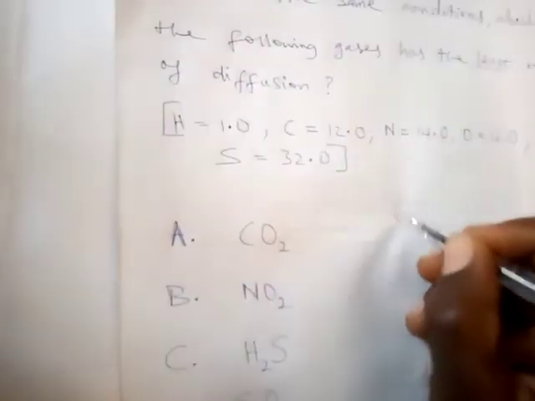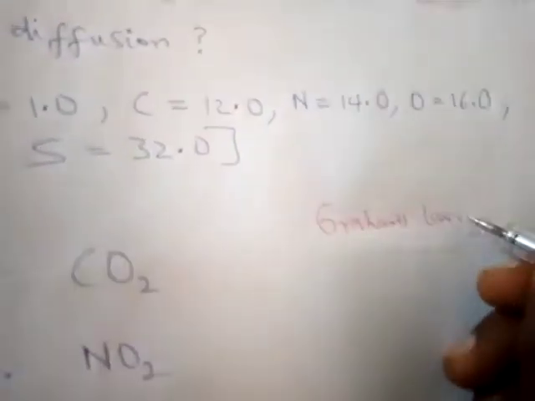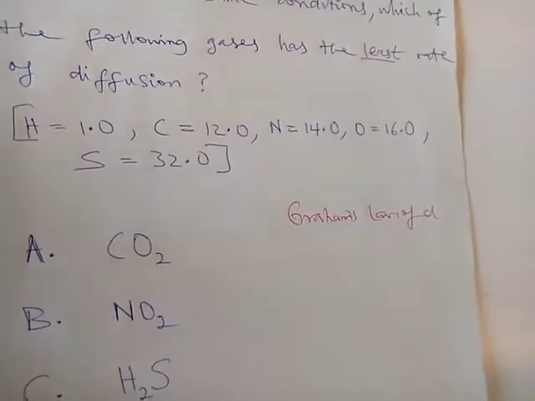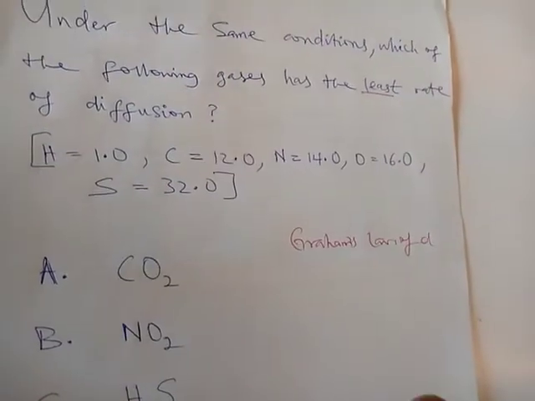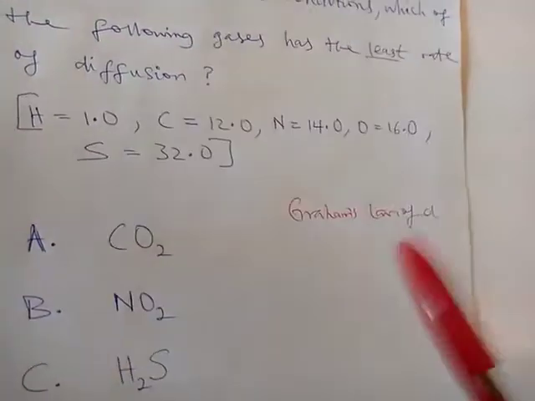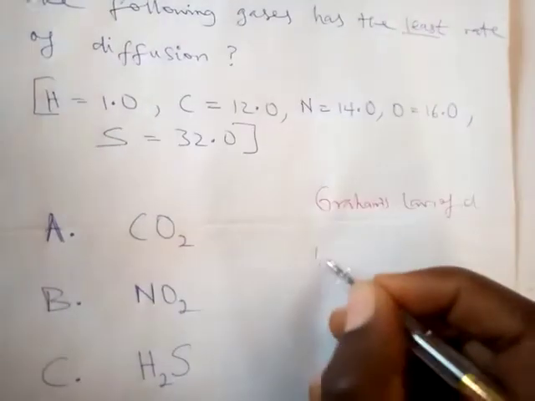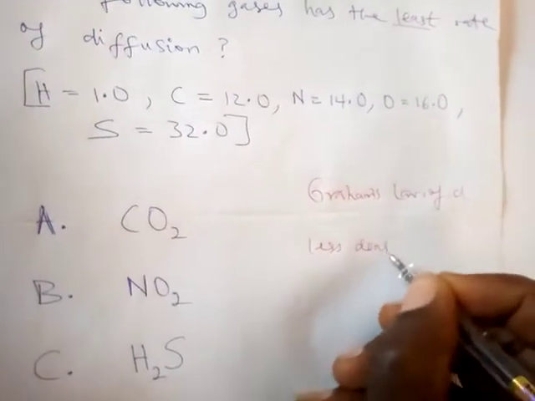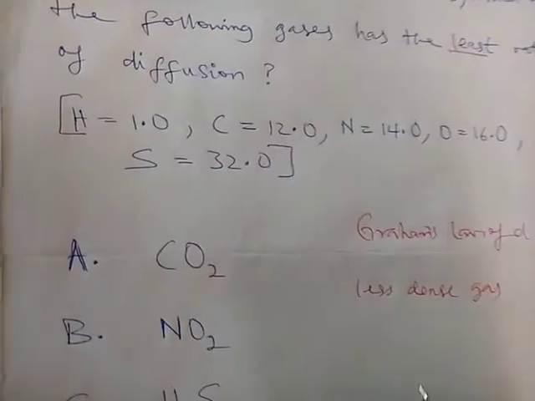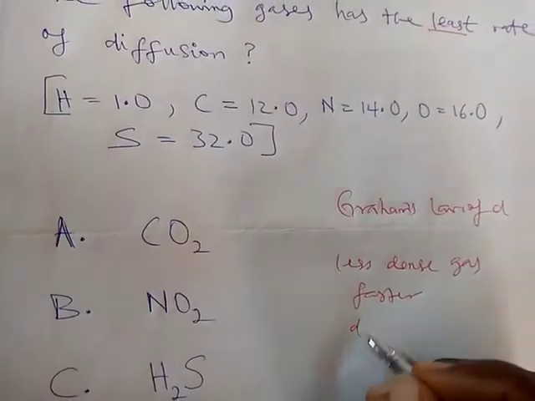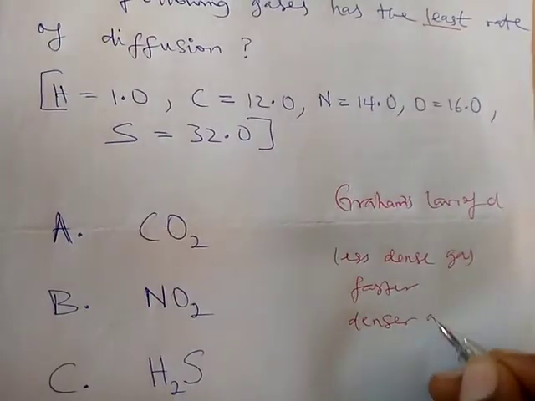So this is actually coming from the topic that says Graham's law of diffusion. Before we state the law, what is the law telling us? The law tells us that a less dense gas will diffuse much faster than a denser gas.